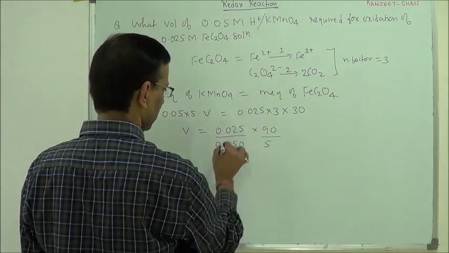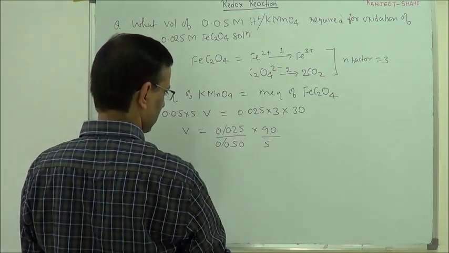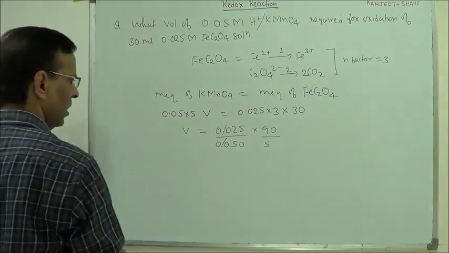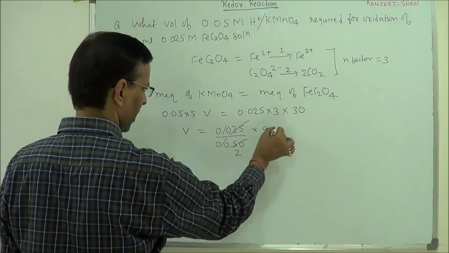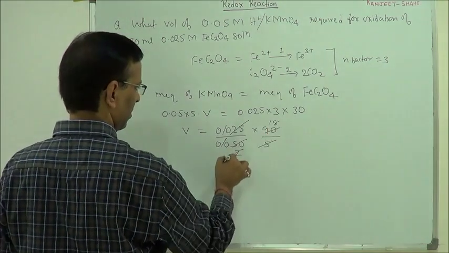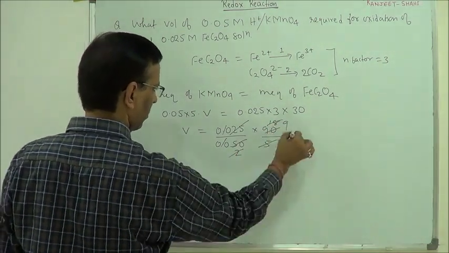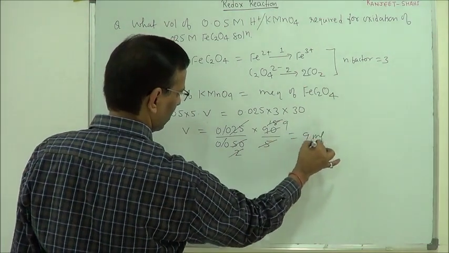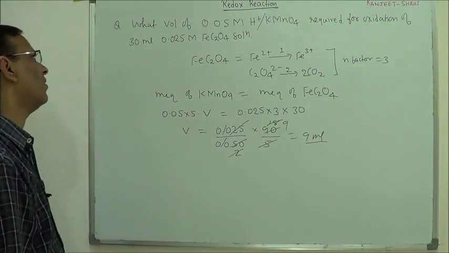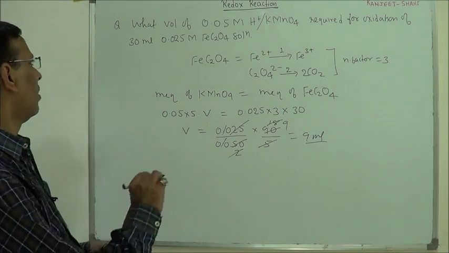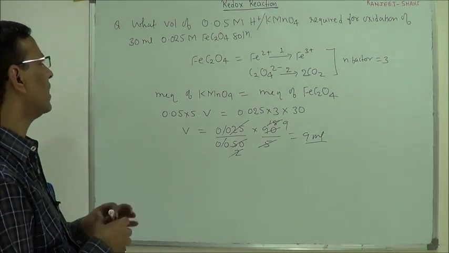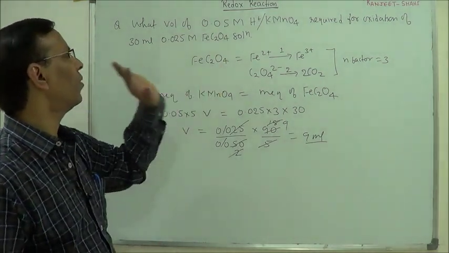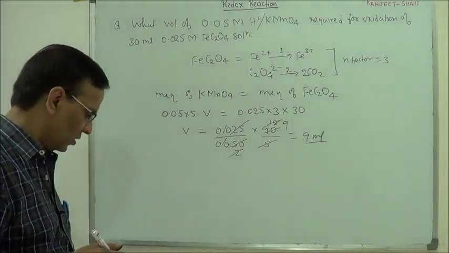So it is 9 ml. So 9 ml of potassium permanganate would be required to oxidize 30 ml of 0.025 molar ferrous oxalate solution.